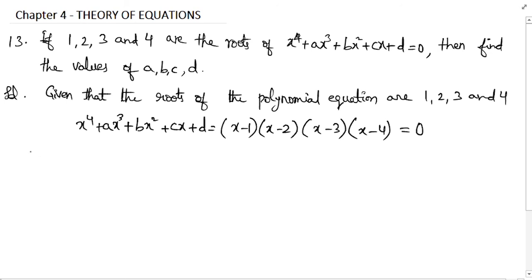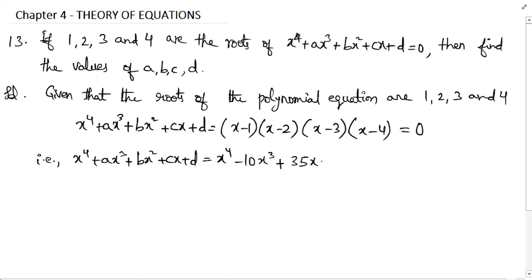So that is x power 4 plus ax cube plus bx square plus cx plus d is equal to x power 4 minus 10x cube plus 35x square minus 50x plus 24, which is equal to 0.